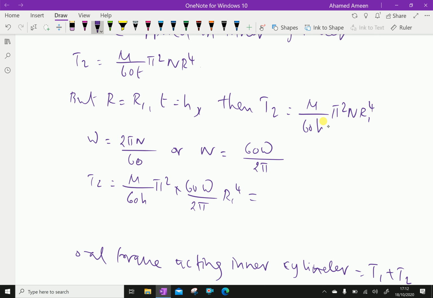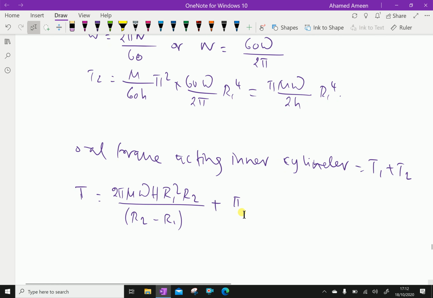By simplification, we get pi mu omega over 2h R1 power 4. This T2 we are substituting here.